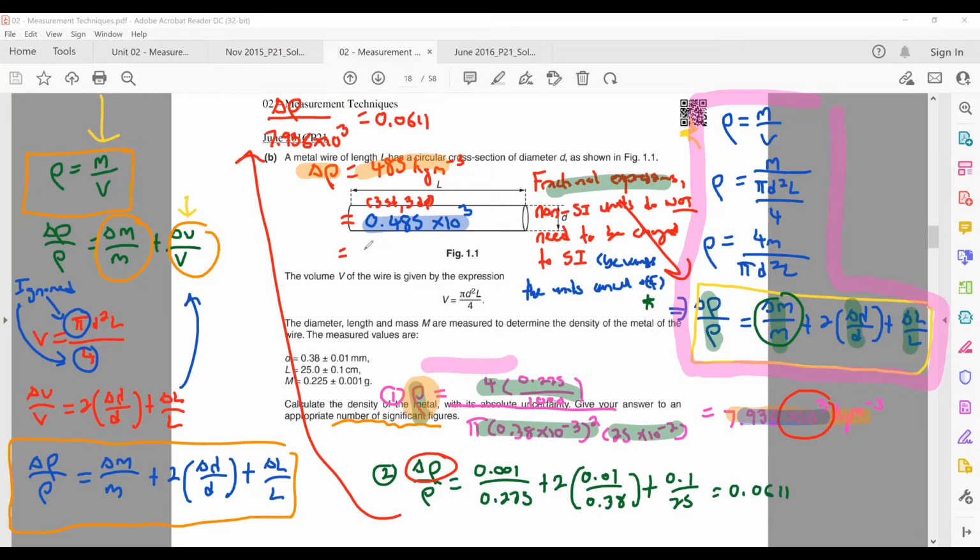And one SF will be 0.5 times 10 power 3. This one is now 1 SF, 1 dp, but this one, you notice it was at 3 dp.